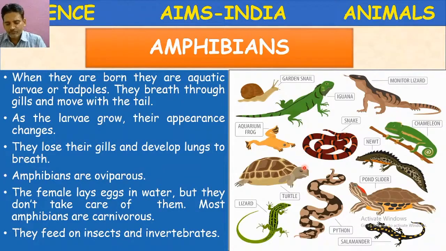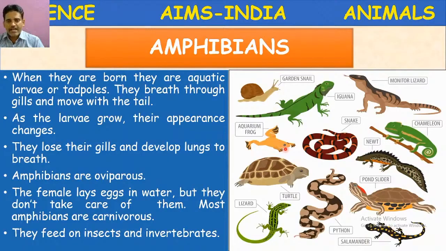Next, the body is divided into distinct head and trunk. Neck and tail may or may not be present. If you take frog, tail is not there. If you take newt, tail is there. If you take salamander, tail is there.